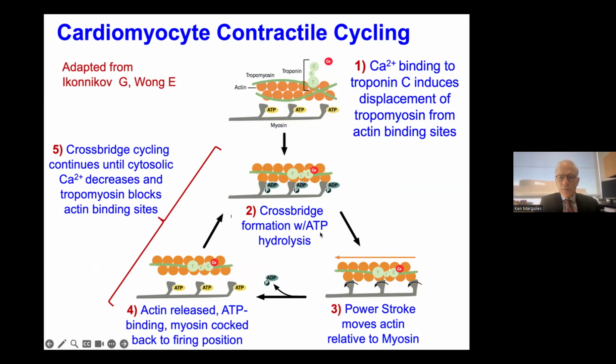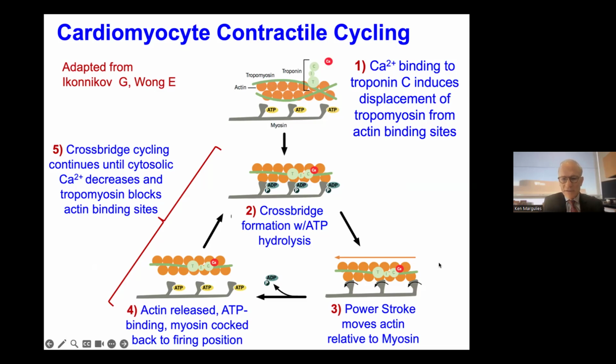So then we start getting engagement of the cross bridges with the actin binding sites on the thin filaments with ATP hydrolysis, from ATP getting converted to ADP, because this is a work stage. And that allows the power stroke that moves actin, let's say this way, relative to myosin. And this is happening in millions of myosin heads and actin binding sites throughout each individual cell.